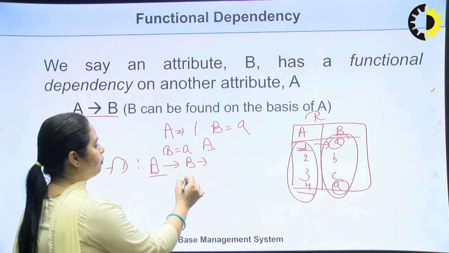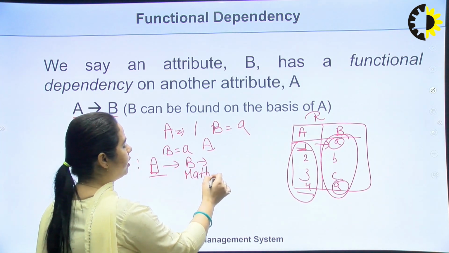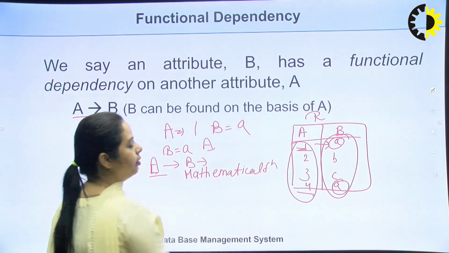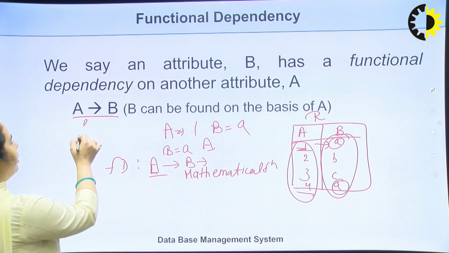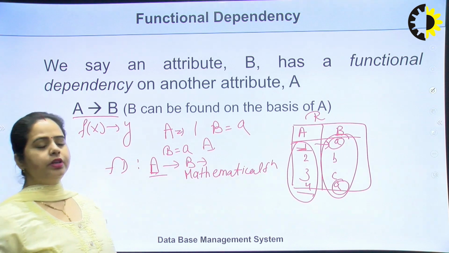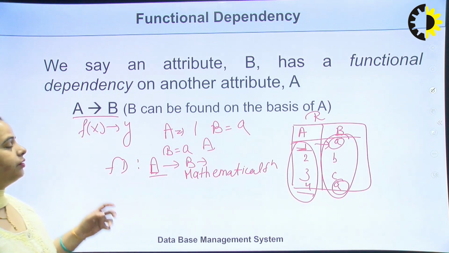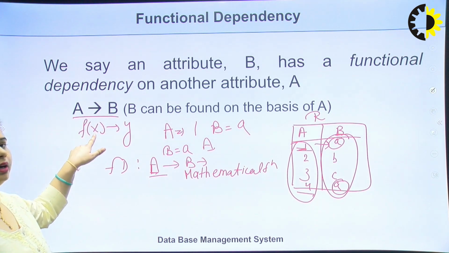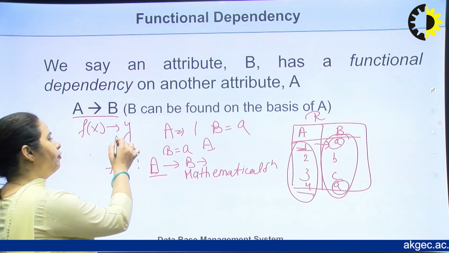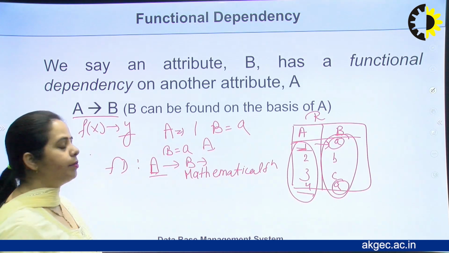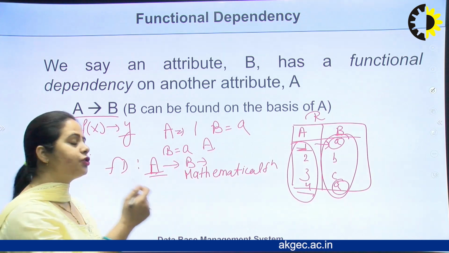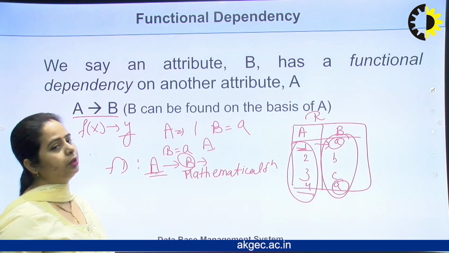So, is this equivalent to a mathematical function? Now, the next question arises. Mathematical functions are like f(x) = y. In a mathematical function, if I put in the value of x, we can compute the value of y. But in case of DBMS, on the value of A, I cannot compute; I will search for the value of B. This is not a mathematical function.